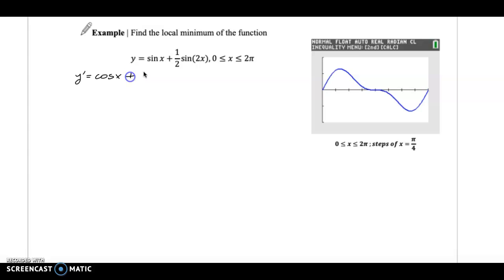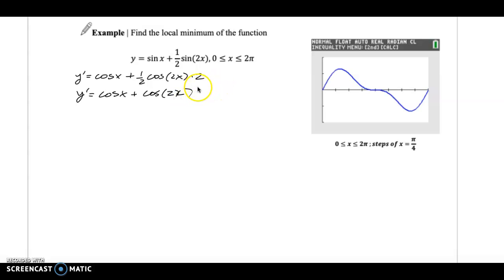x plus 1/2. This is going to be chain rule, so this is going to be cos 2x times 2, right? So then really rewriting this expression would just be y prime equals cos x plus the 2's cancel, so we then have cos 2x.